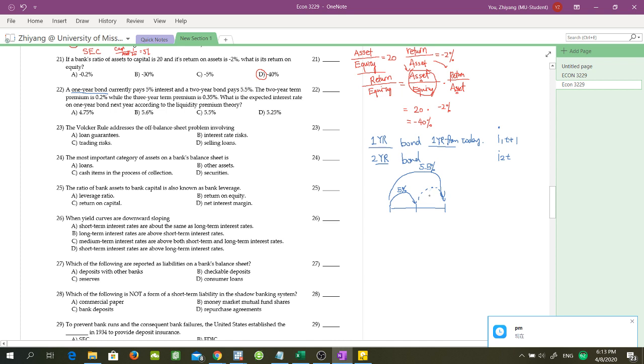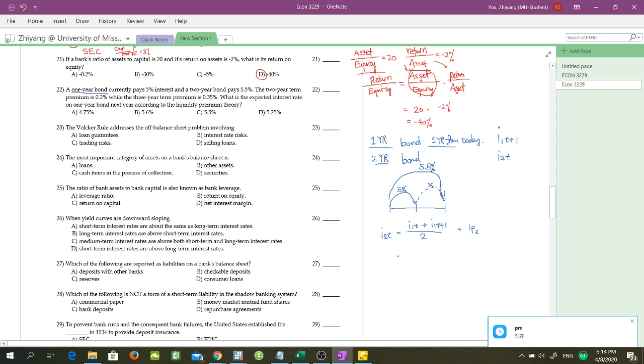Since this is the x we're looking for, I have to write out the right equation for it. Since in this question we are using liquidity premium theory, the equation looks like this. A 2 year bond interest rate equals the average of two short-term interest rates, one today, one year from now, divided by 2, but also plus the right liquidity premium for the 2 year bond.